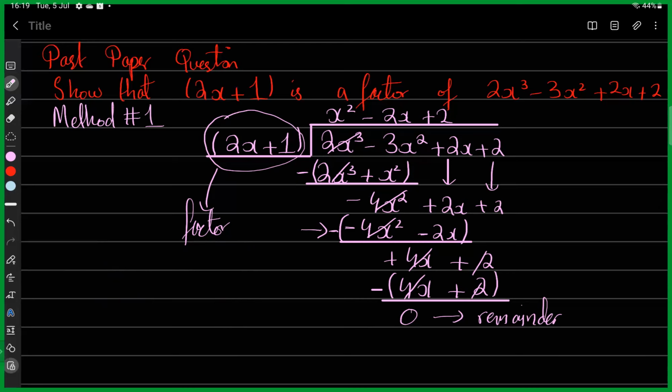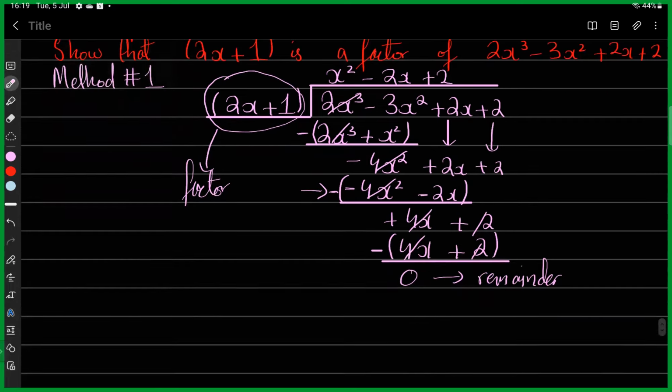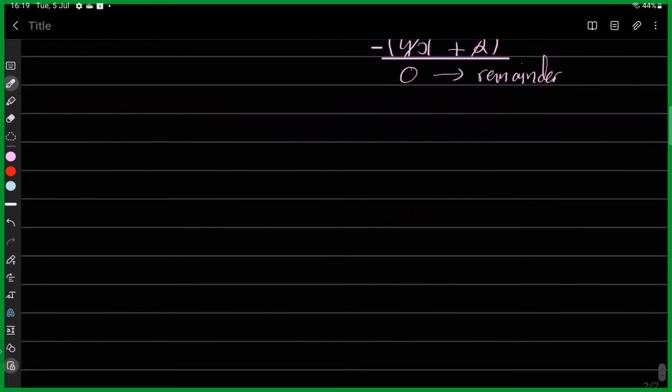Another method of proving that the remainder is 0 is basically by applying the remainder theorem. So let's talk about method number 2 here, that is using the remainder theorem.